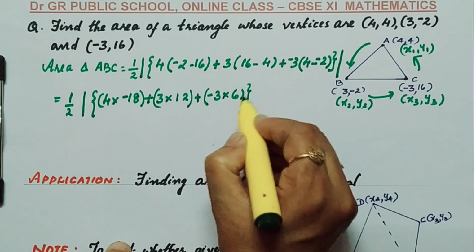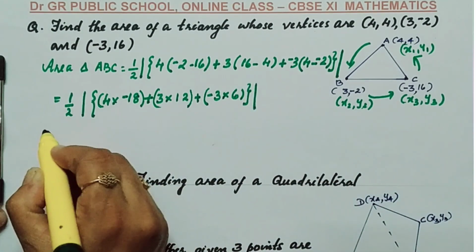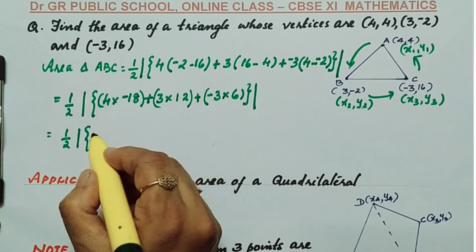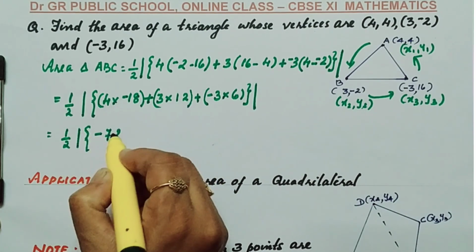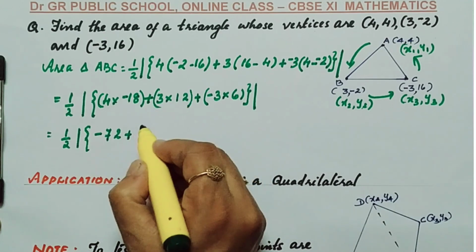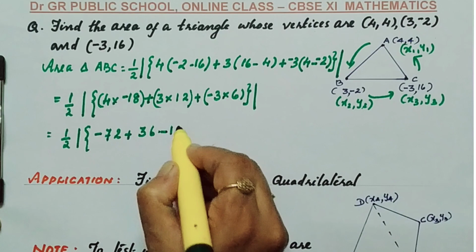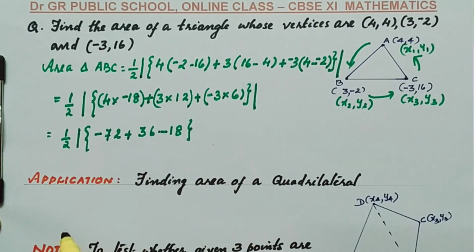Okay, close the bracket, put the modulus symbol. Equals half into modulus of 18 into 4 is 72. So minus 72 plus 12 into 3, 36, plus minus 18, that is minus 18.